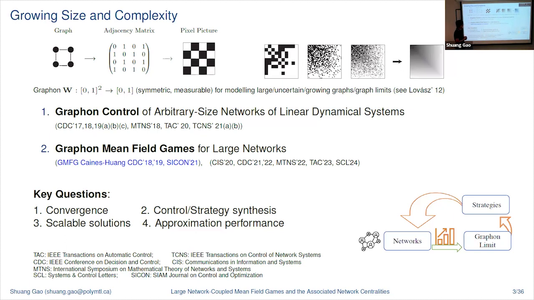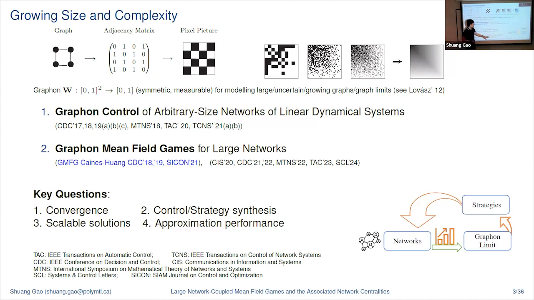I want to emphasize that the graphon mean field game work was initiated by Caines and Huang in a series of papers starting in 2018, where they look at the more general nonlinear case and establish existence and uniqueness of solutions and the approximation error bound.